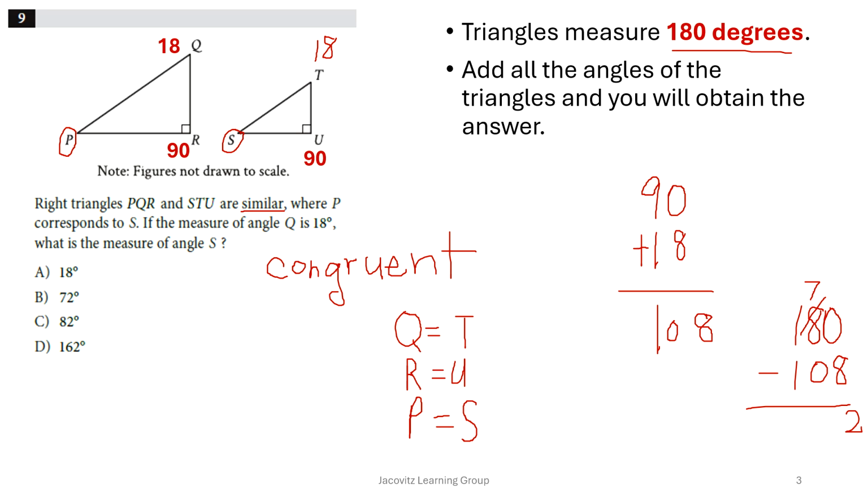This is going to be 0, so this is 72. This is your answer. Don't sit here and guess and get something wrong. Look at what's going on.